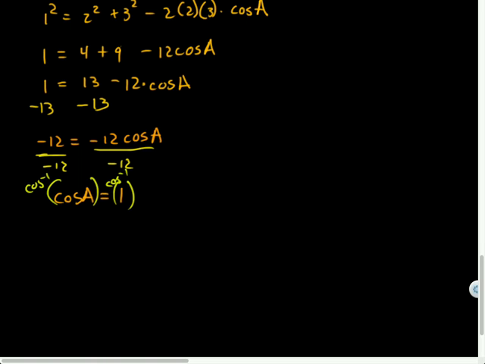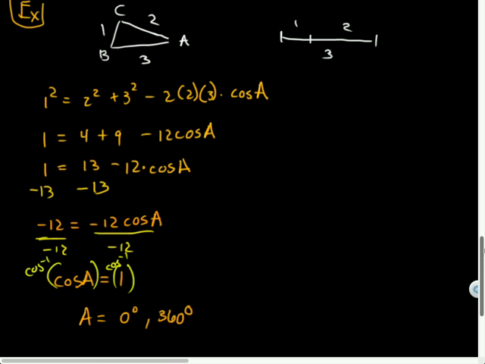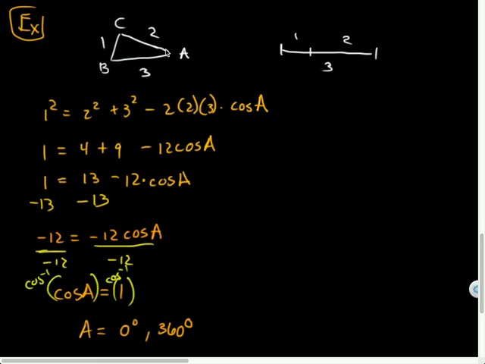Cosine inverse of 1 is either 0 degrees or 360 degrees. So this is a 0 degree angle, because 360 degrees just wouldn't make any sense, because we know that the sum of the interior angles of a triangle is 180.